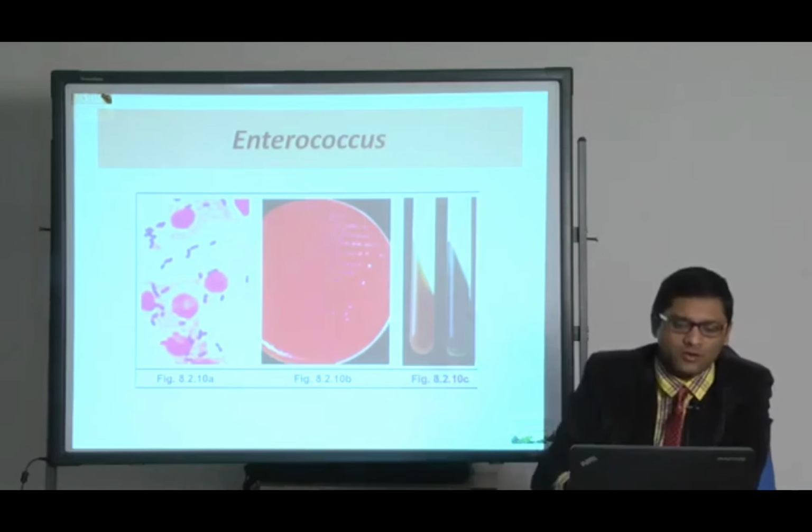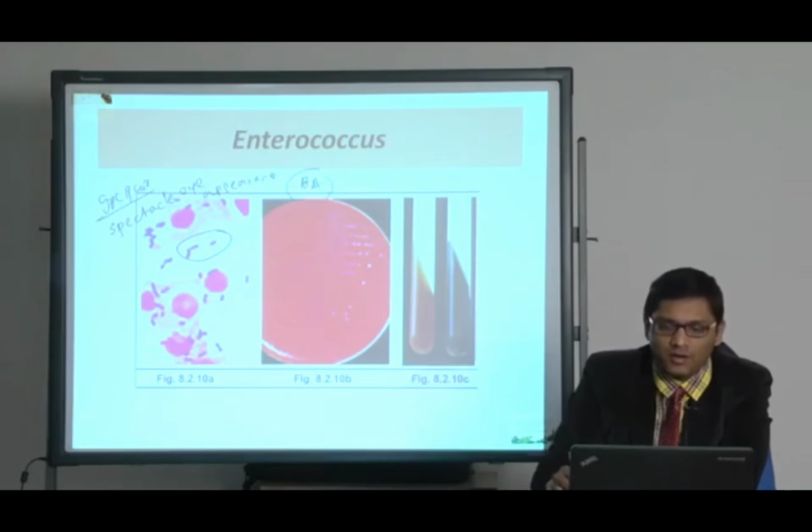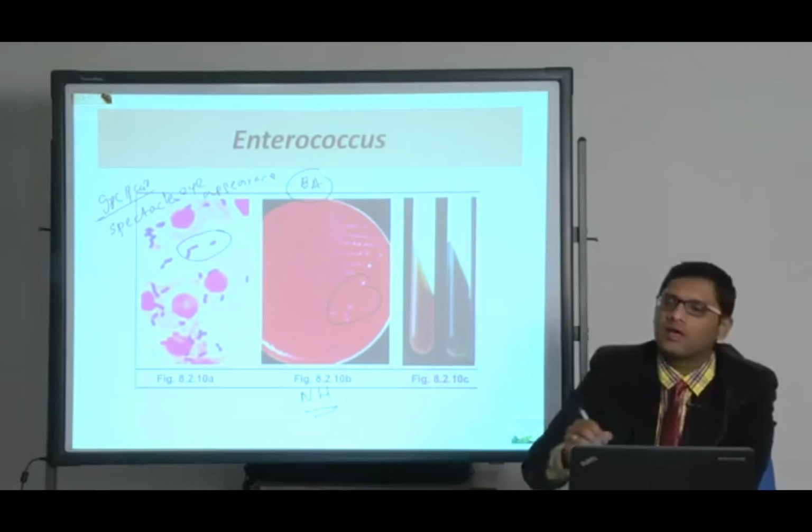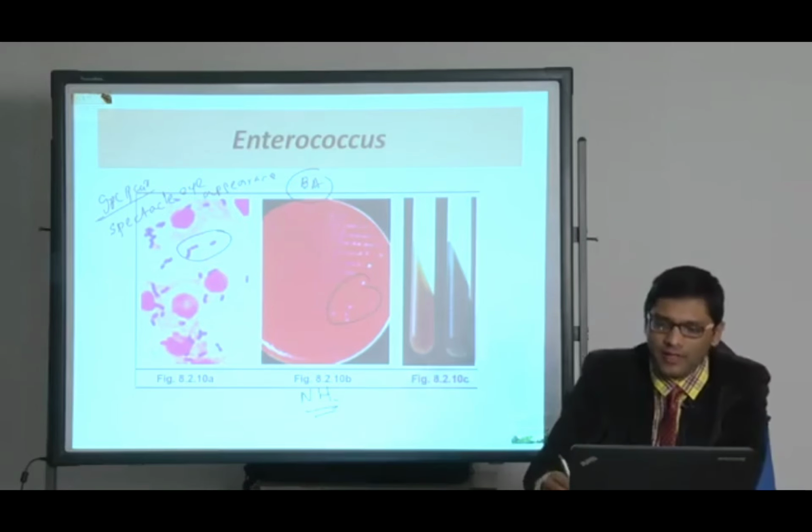Coming to the features of Enterococcus. Enterococcus is gram positive cocci in pair, with a spectacle eye appearance. On blood agar you will have a non-hemolytic colony.